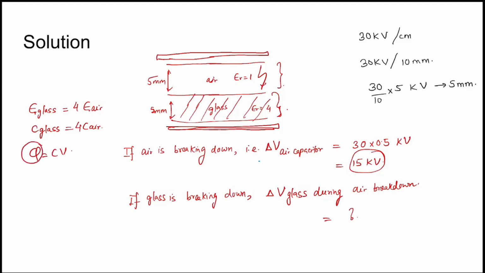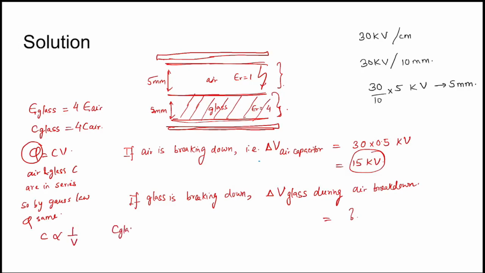Now we know Q equals CV. Since the air and glass capacitors are in series, by Gauss law, Q is the same. Now C is proportional to 1 by V. If C glass equals 4 times C air, it implies V glass equals 1 by 4 times V air.